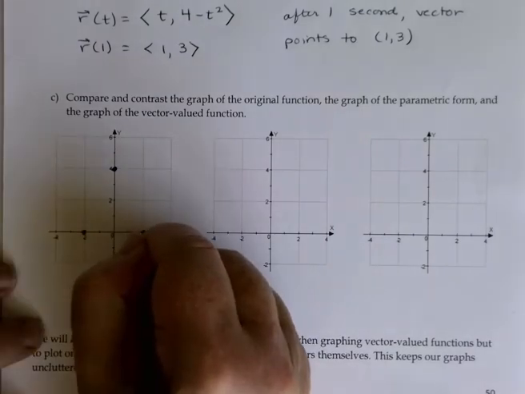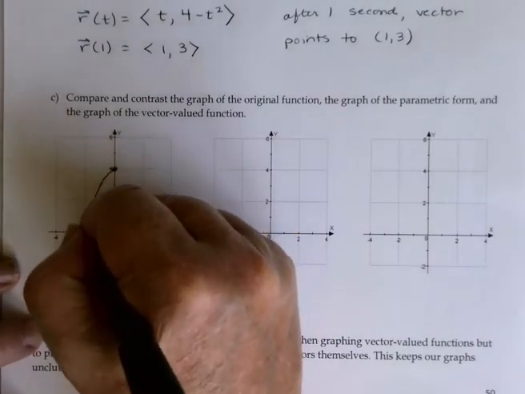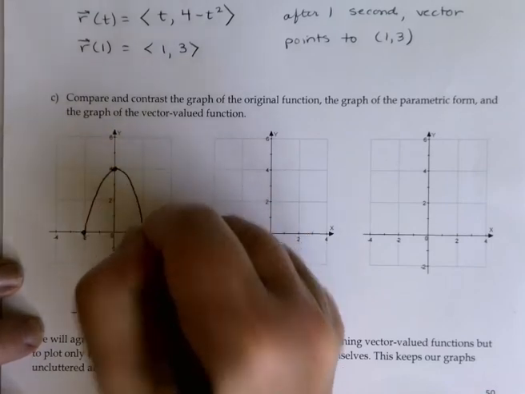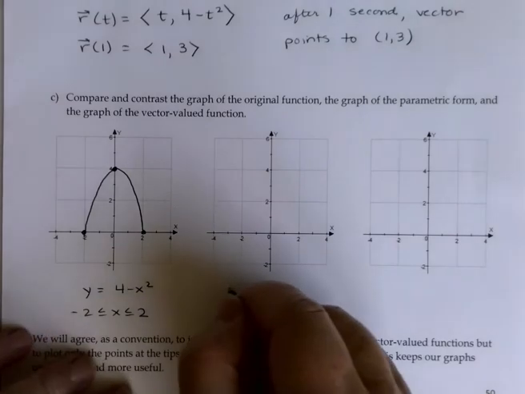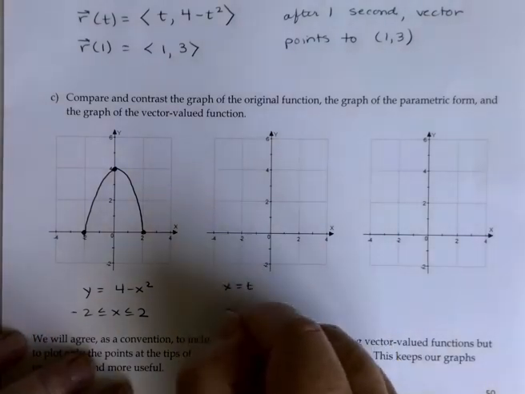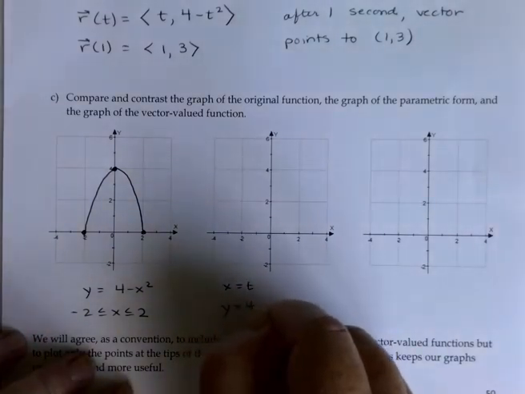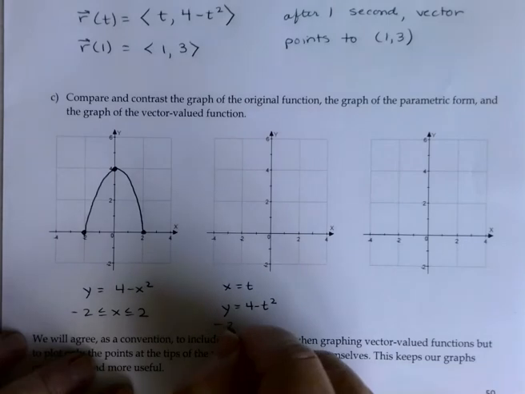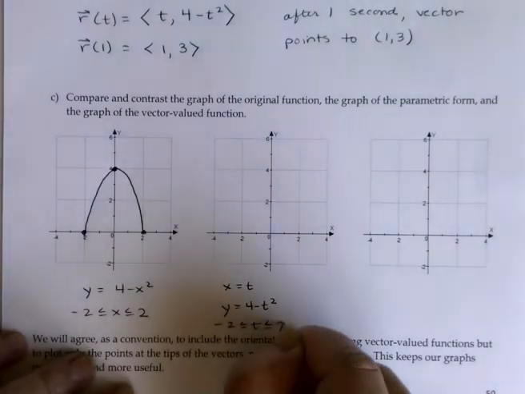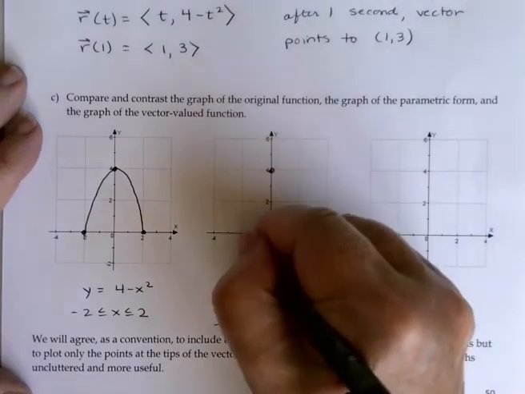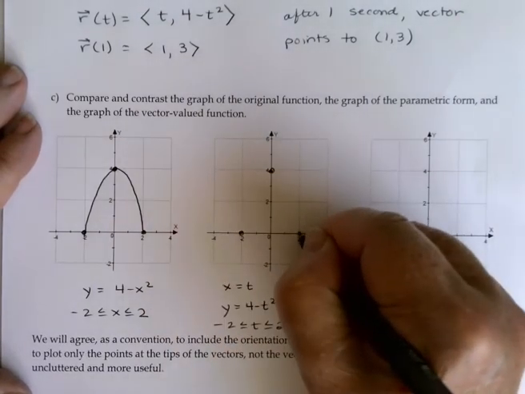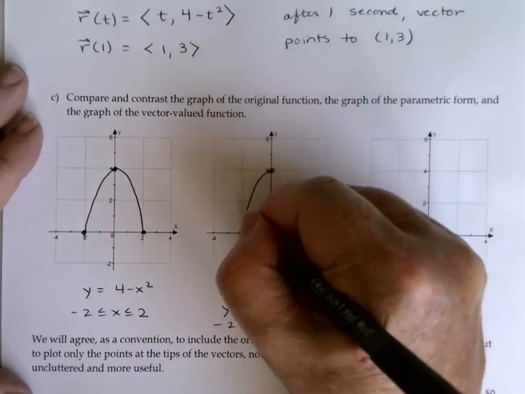Makes y 0. So there's my graph. No big deal. What about the parametric form? The actual physical shape of the graph is no different because we are really representing the same function.